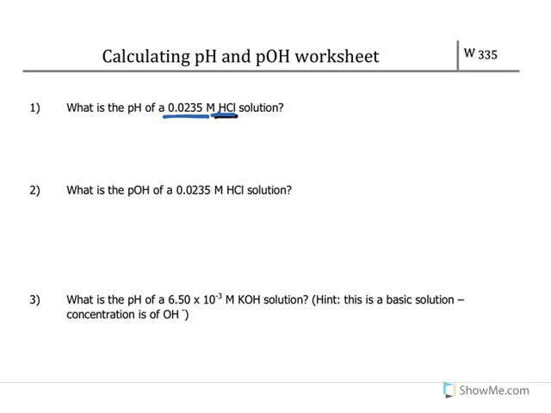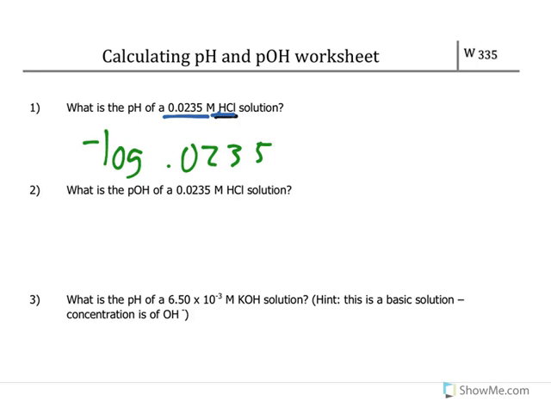So what we're going to do is take the negative log, just like from our chart, of 0.0235. And then we'll punch that in our calculator. Depending on what type of calculator you have, you may have to put the number first and then log, and then make it negative, or hit negative log on your calculator and then push the number in.